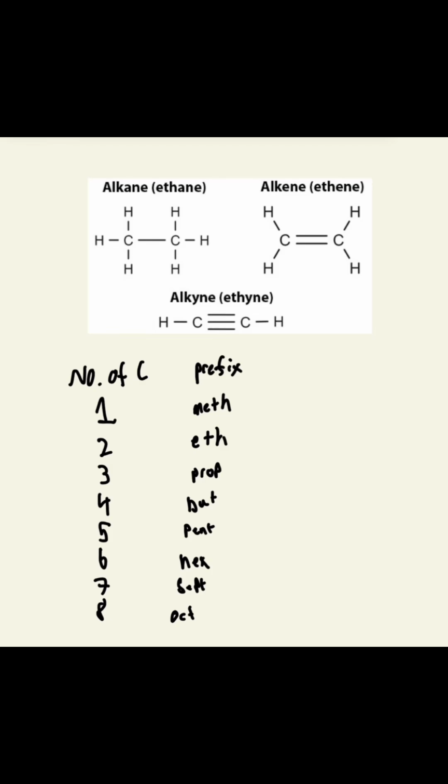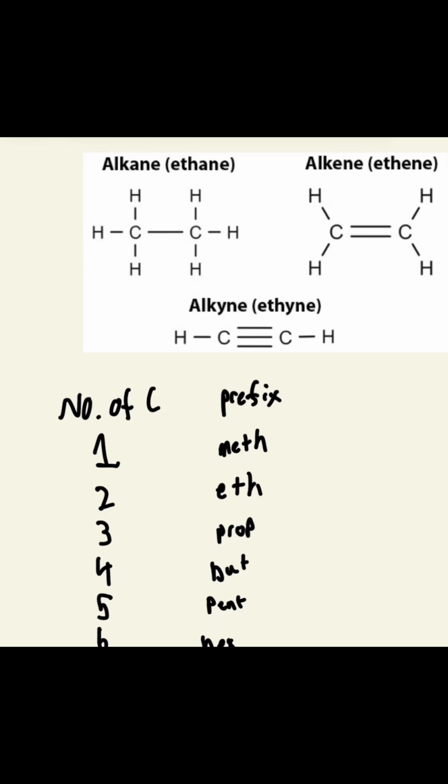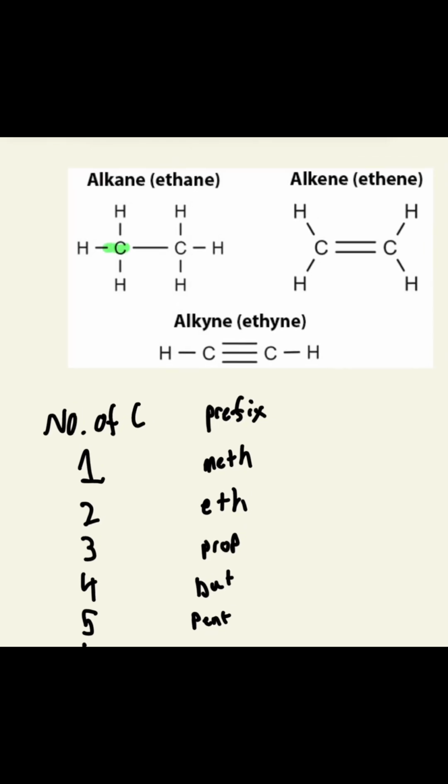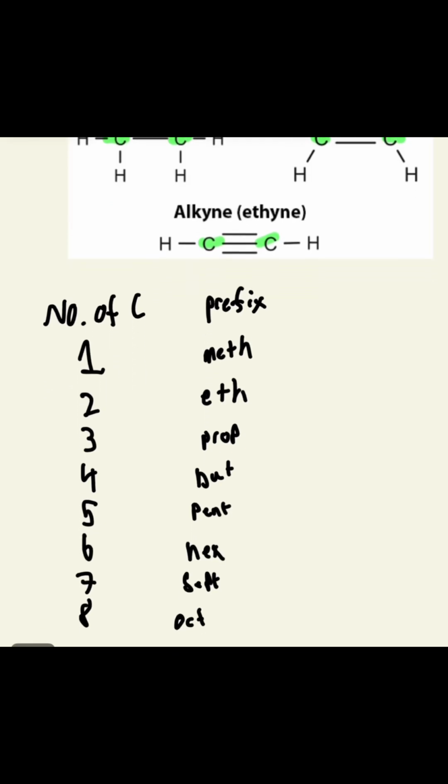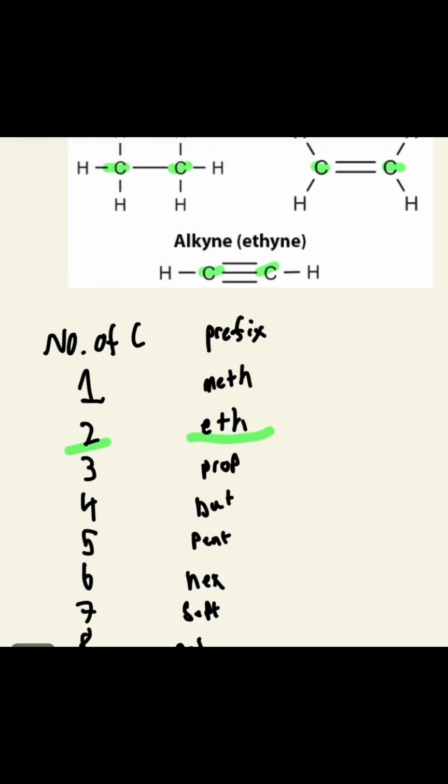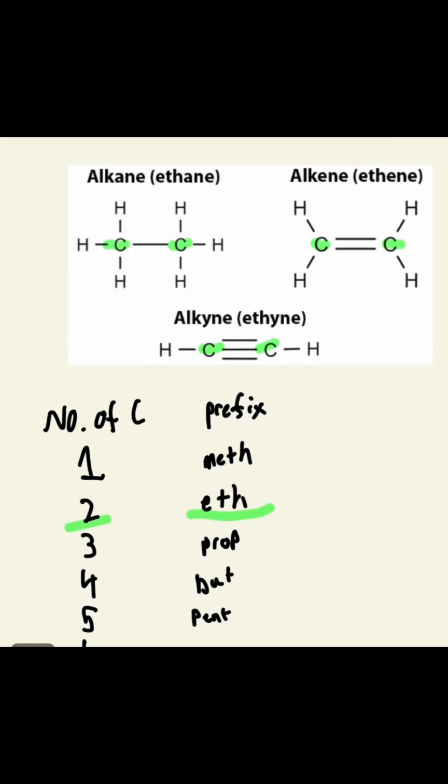So for the ones above, we only have 2 carbons in all of these carbon chains. So they're all going to have the prefix eth. And we can see that for all of these, the start of the name is eth. Eth means 2. So 2 carbons in the carbon chain.